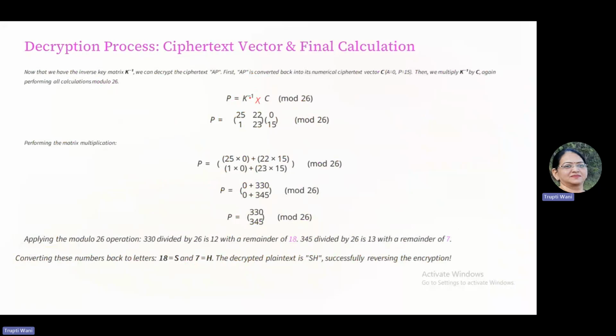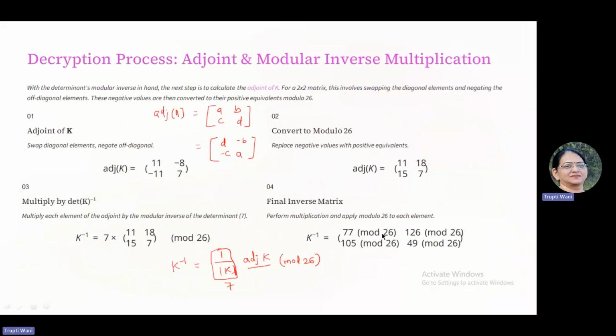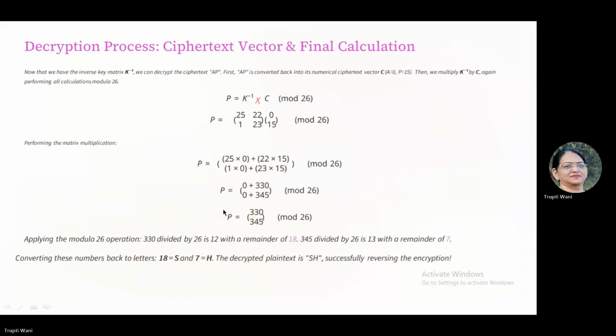Now we have the K inverse. So for these values, 77 mod 26, 126 mod 26, we are getting this matrix as 25, 22, 1 and 23. So this is our K inverse.